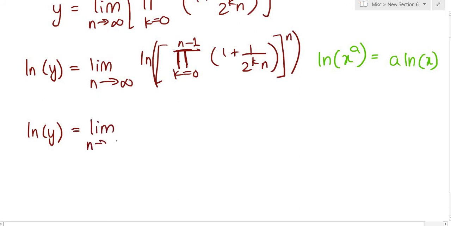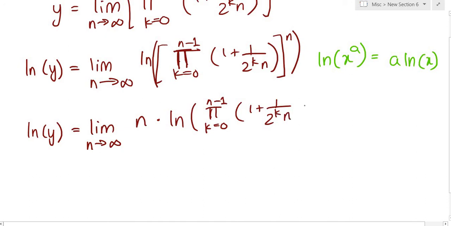Limit as n approaches infinity of n times the natural log of this product, say k equals 0 to n minus 1, 1 plus 1 over 2 to the kth power times n.